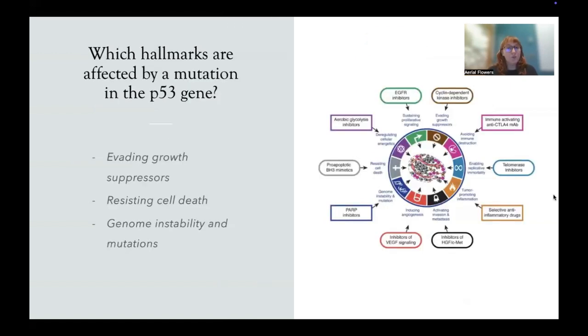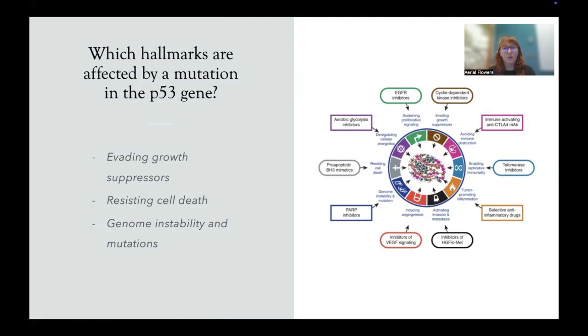So we have to ask which hallmarks are affected by a mutation in the P53 gene. There could be 3 hallmarks of cancer affected by this kind of mutation. The first hallmark that may be affected is the cell's ability to evade growth suppression. Tumor suppressor genes become inactive when they're mutated.